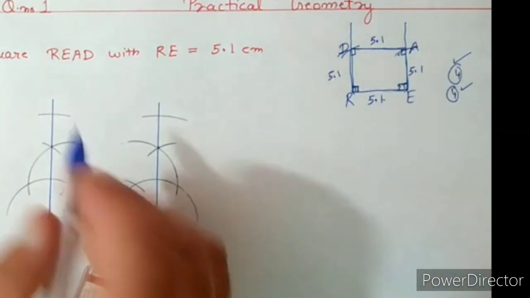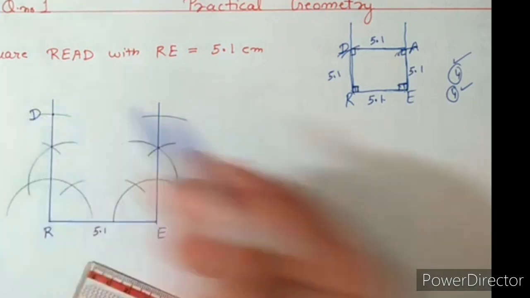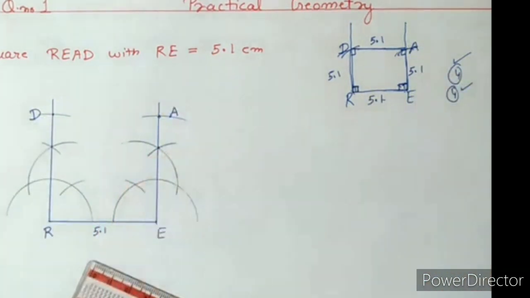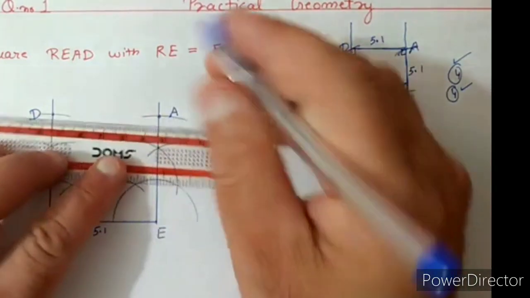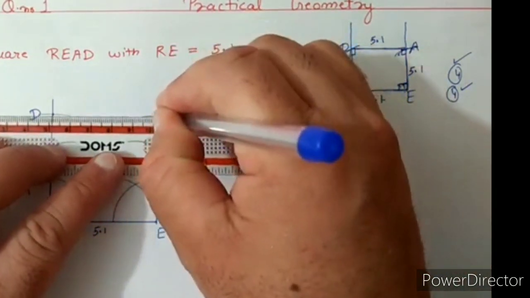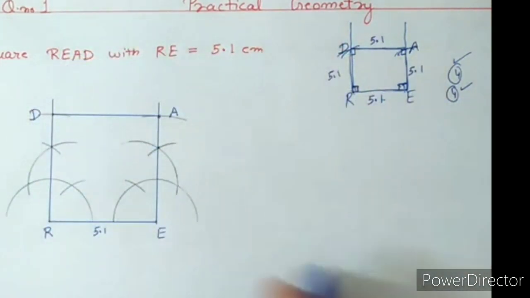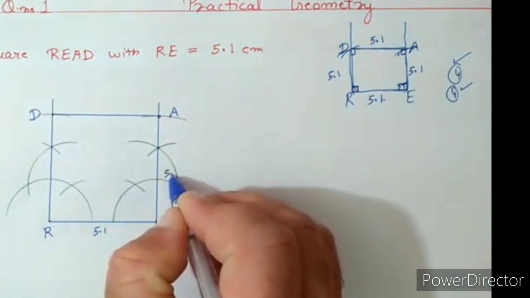You will get the positions of D and A. If you join DA, you will get the required quadrilateral, that is square RED. Very simple, no?